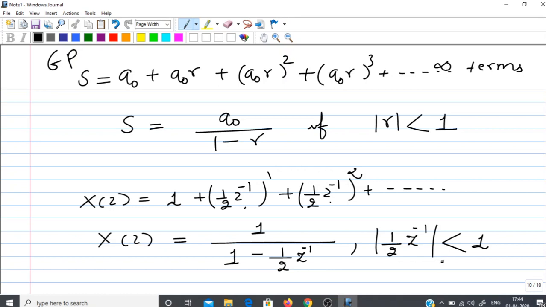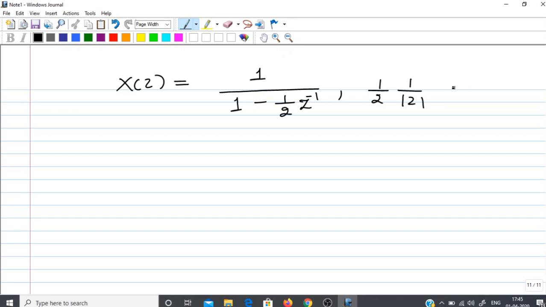So if I simplify this, the mod of half will be half, and then the mod of Z inverse I can write as 1 upon mod Z. It should be less than 1. I shall write on the next page.